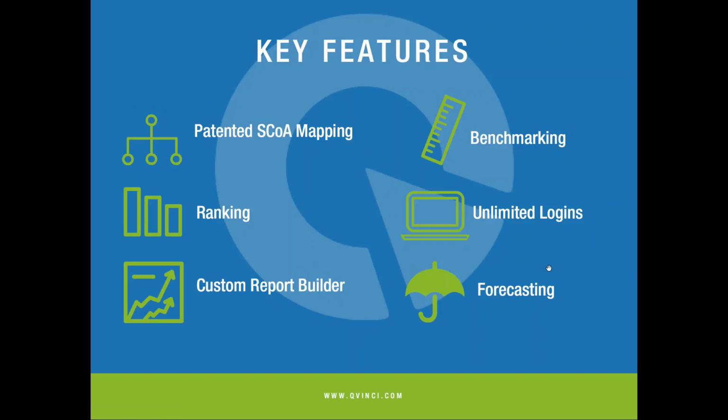Now, as we look at some other features, again, we looked at ranking. Unlimited logins is important. What Qvinci charges by is the reporting entity, or the financial reporting of a particular location or a QuickBooks file. If you're a multi-unit owner with 5 locations in one QuickBooks file, separated by classes, we can sync by class and get you the individual entities.